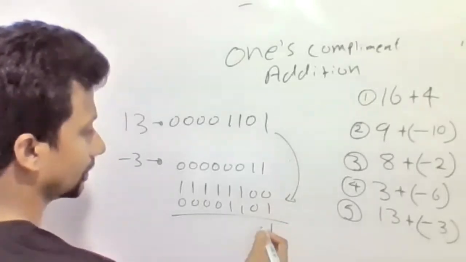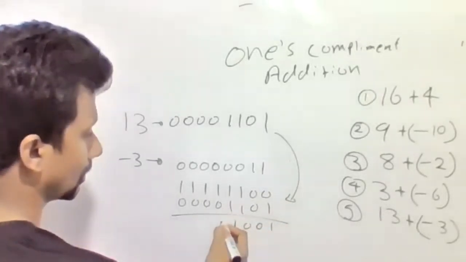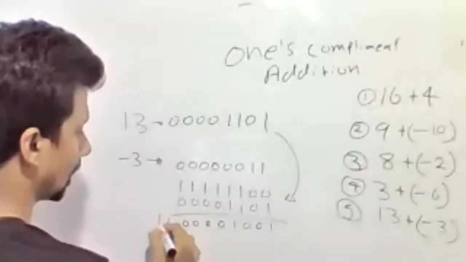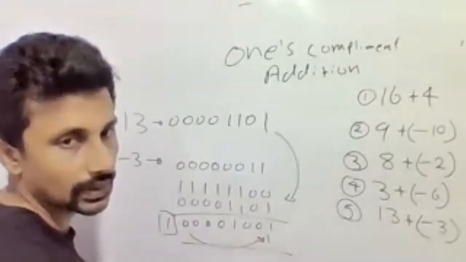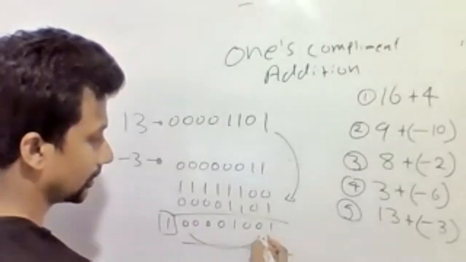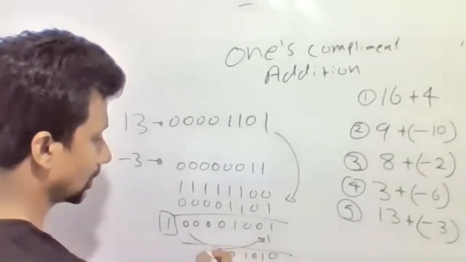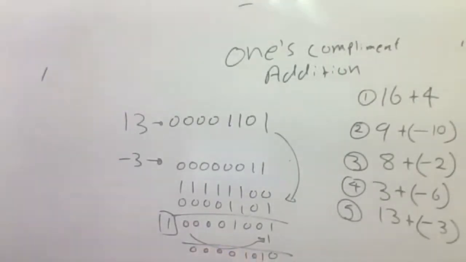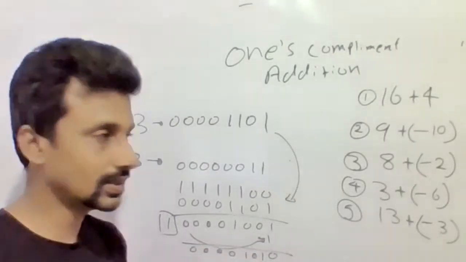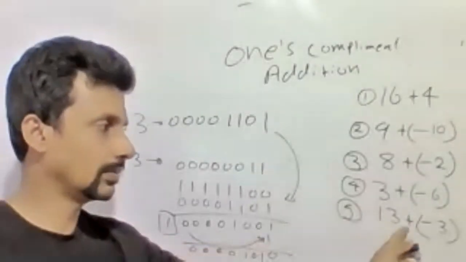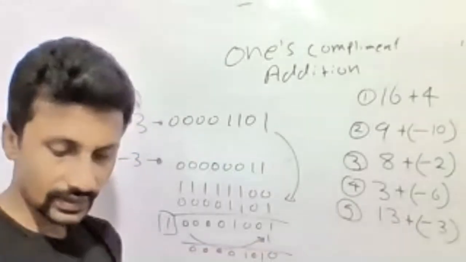Adding them together. And there you get a 9th bit. That one you have to take here. So the answer will be 0, 0, 0, 0, 1, 0, 1, 0. That's actually, when you convert it to decimal, 10. 13 plus minus 3 means positive 10 is coming. I think you can understand that.